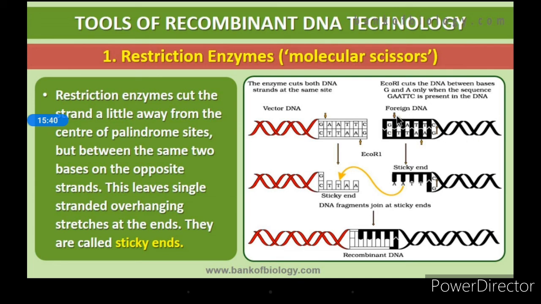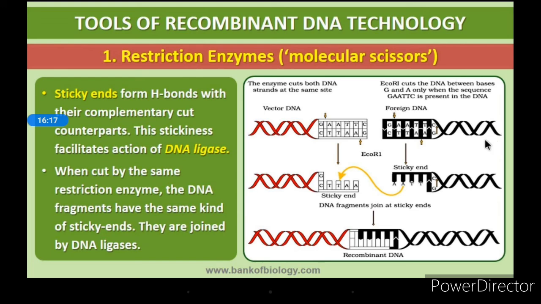In E. coli we cut at the GA bases, and the vector is cut at the same position, so we get two sticky ends. The vector DNA and foreign DNA will get attached, and at last we will get recombinant DNA. For this sticking, DNA ligase will help, which we will see.